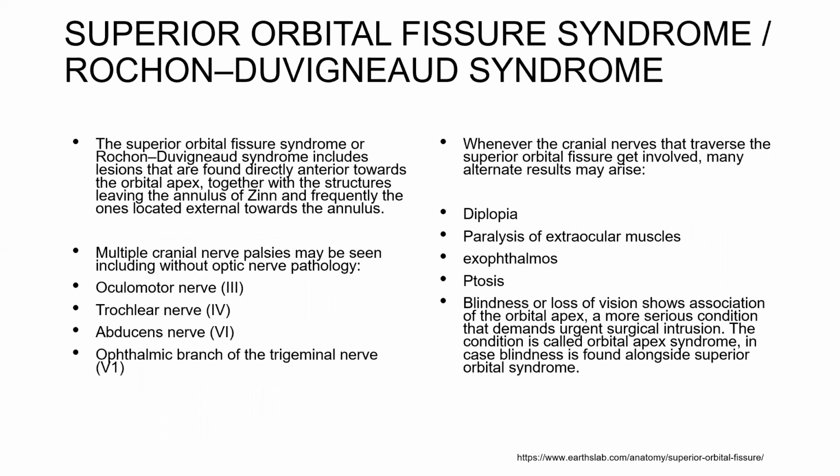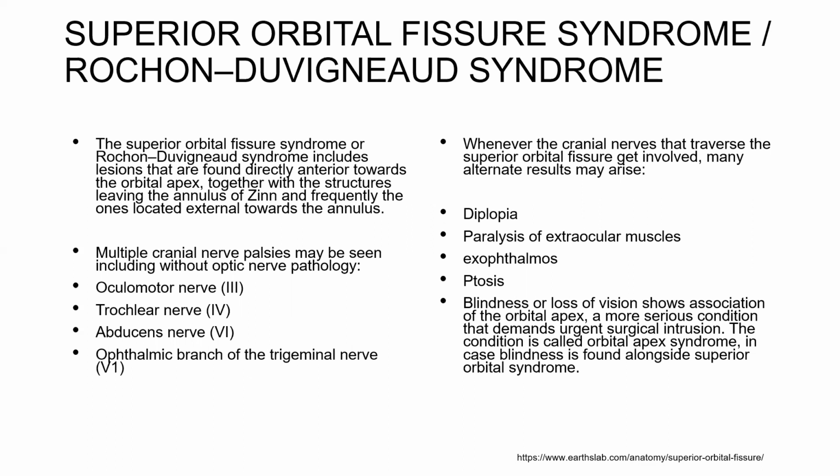And there's also the superior orbital fissure syndrome that you need to know about. You actually need to know the difference between superior orbital fissure syndrome and the orbital apex syndrome, because there's a difference over here. The orbital apex syndrome is differentiated from the superior orbital fissure syndrome by the involvement of the optic nerve, which is not present in the superior orbital fissure syndrome.